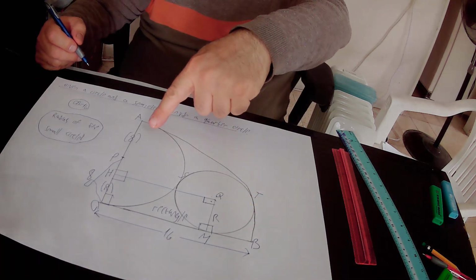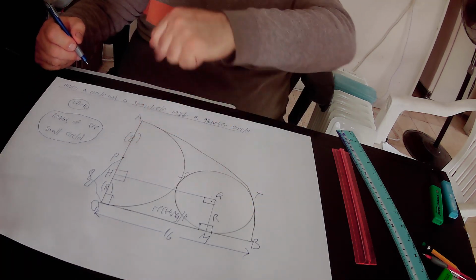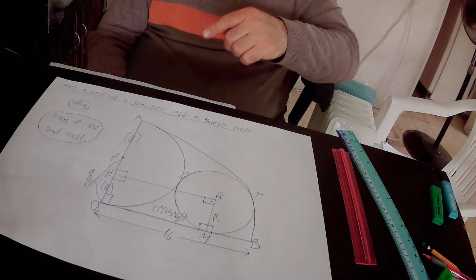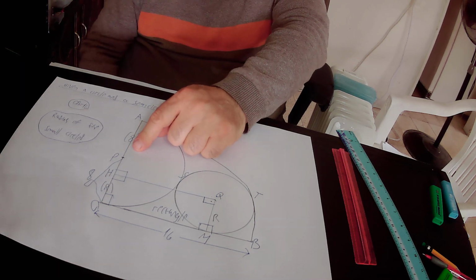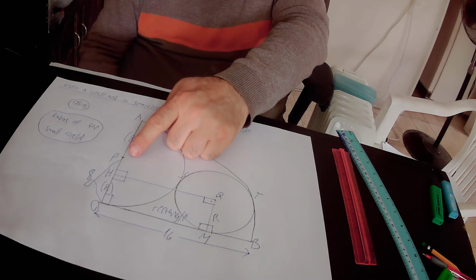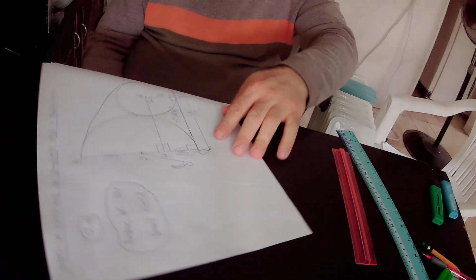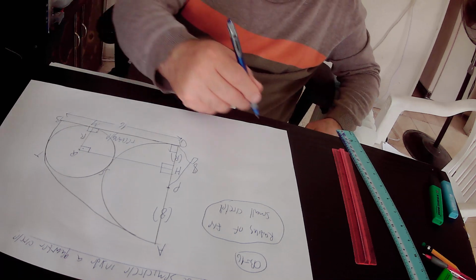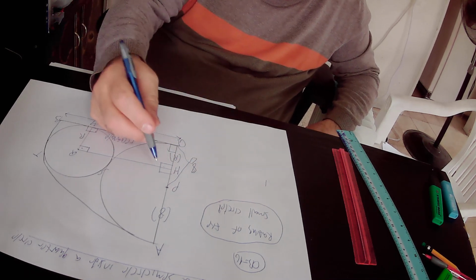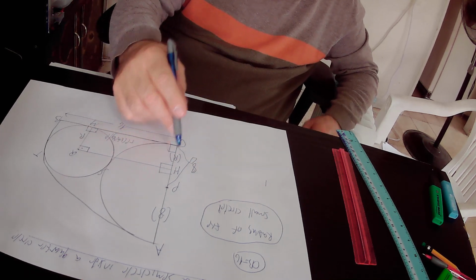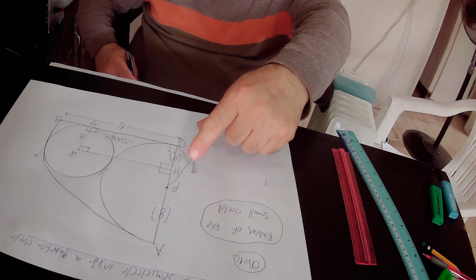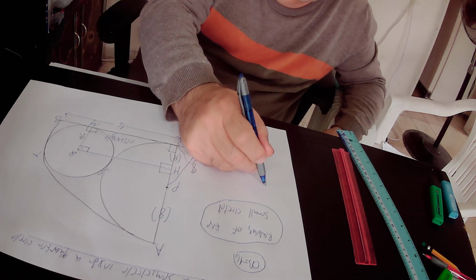What is the length of line segment PH? The length of line segment PH equals PO minus HO. I write it down. PH equals PO minus HO.